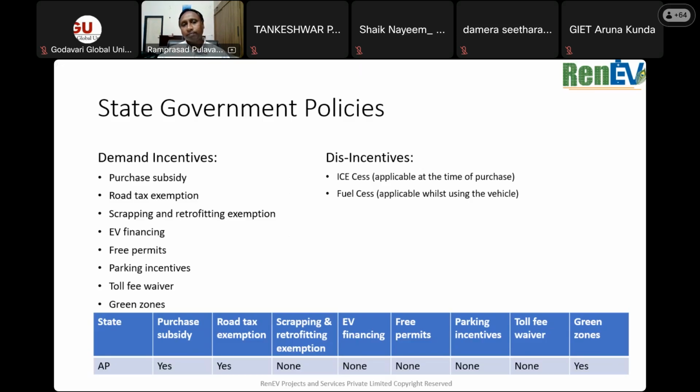EV financing. Governments are giving something called interest subvention. Did anybody hear the word subvention? What it means is, when you buy a vehicle from a particular agency and go to a bank to get a loan, the interest rate will be around 9% or 10%, based on the loan amount and the tenure you opt for.